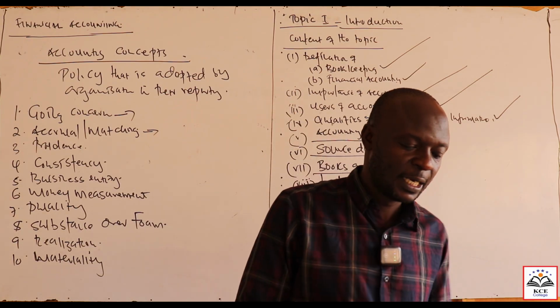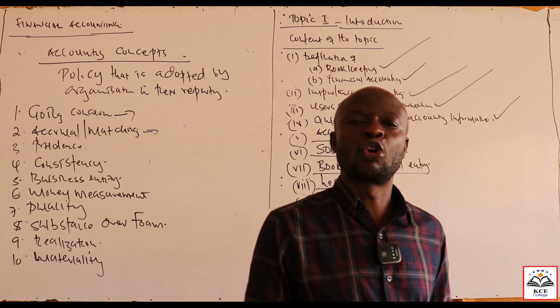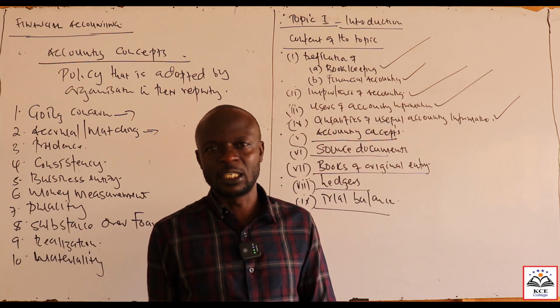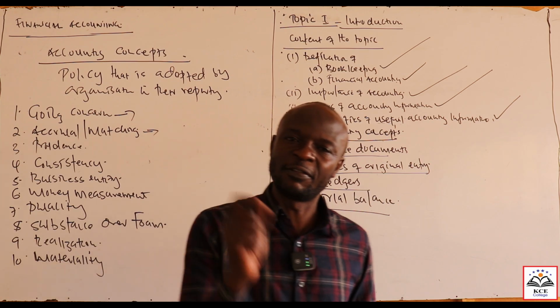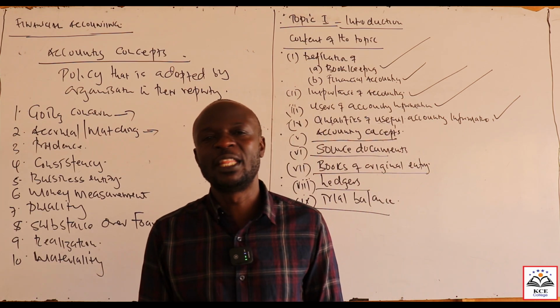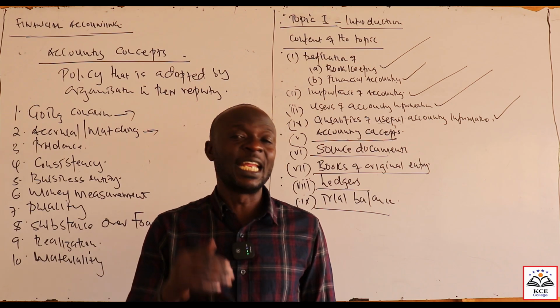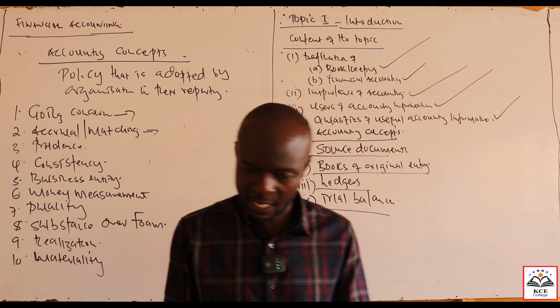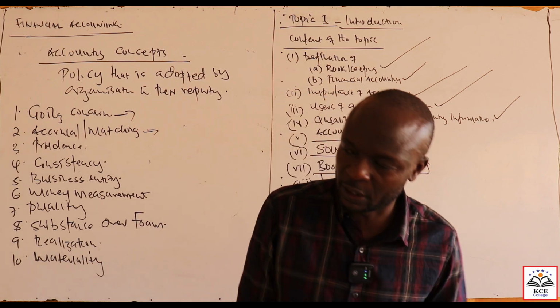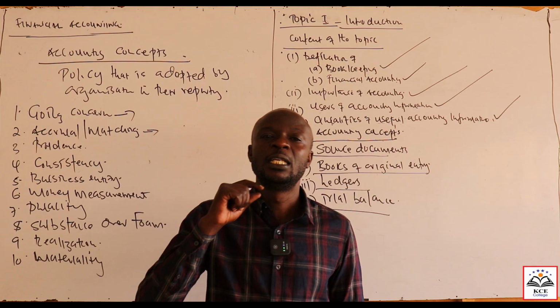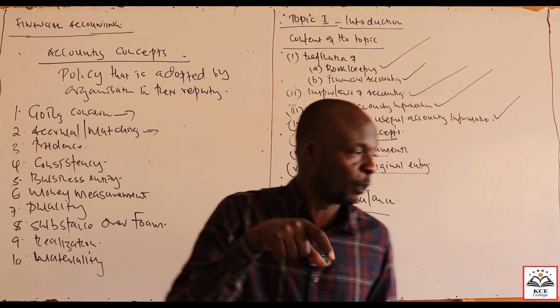It means that the business must recognize expenses when incurred and not when they are paid for, and recognize revenue when they are earned, not when they are received. So we can incur an expenditure in a particular year, but we don't pay it in that year. We pay it in the subsequent year. It doesn't mean that it should now be recognized as an expenditure for that year.